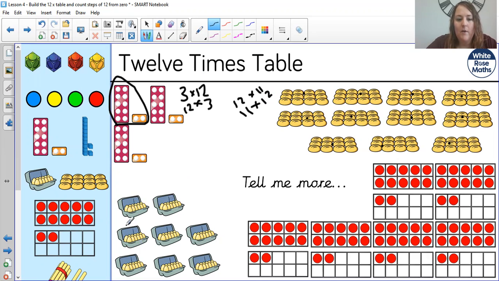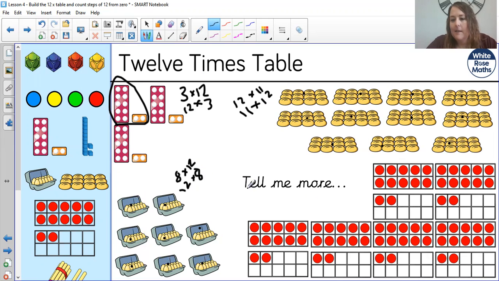Down here we've got eggs. Each carton of eggs has 12 eggs inside, and there are 1, 2, 3, 4, 5, 6, 7, 8 cartons of eggs. So we've got 8 times 12, or 12 times 8.